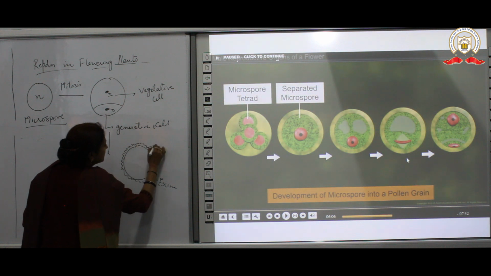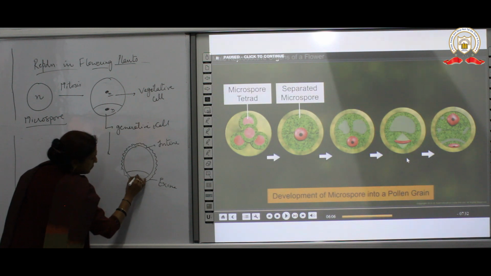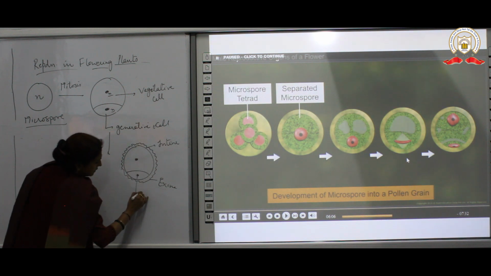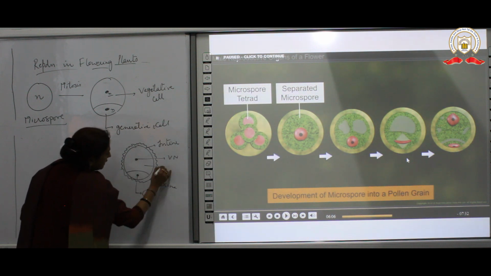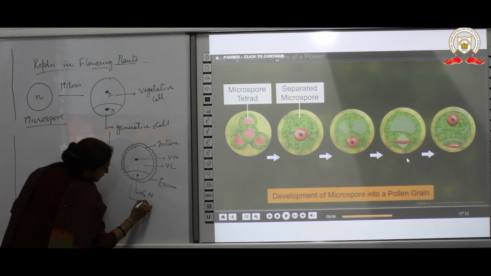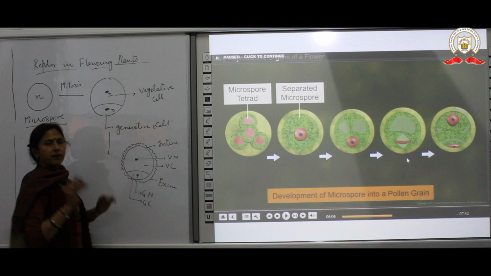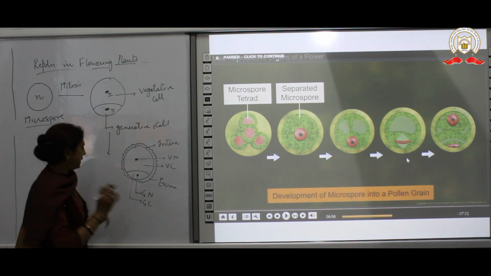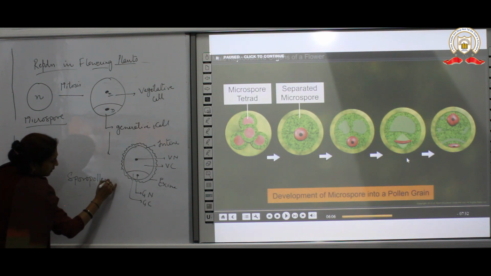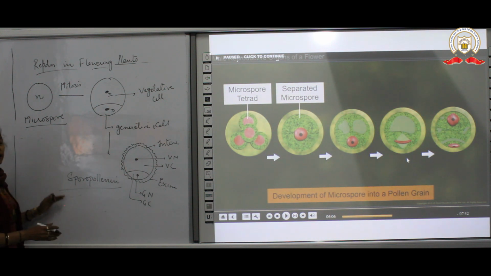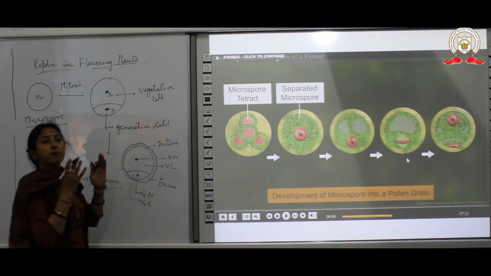Inner to that is a layer, the intine, and then present are the generative nucleus, vegetative nucleus, vegetative cell, generative cell. And the exine is made up of a very resistant material called sporopollenin. It is so hard that we have been able to extract pollen grains that were present even millions of years ago.